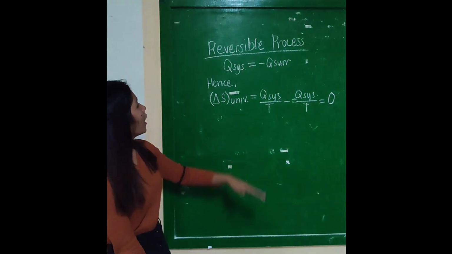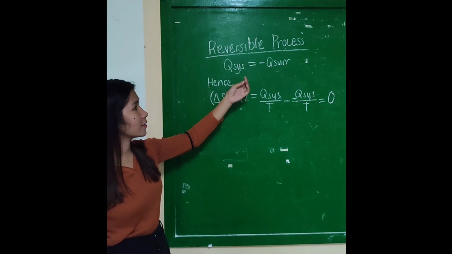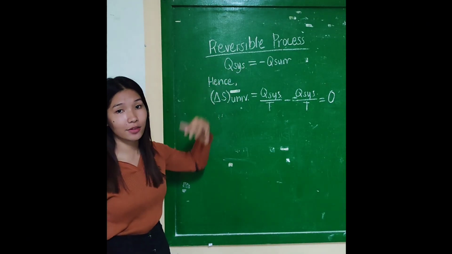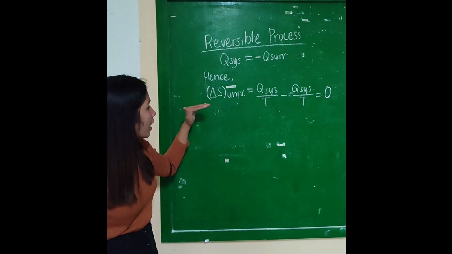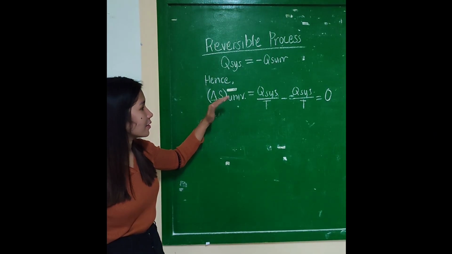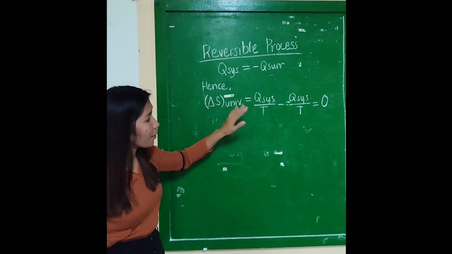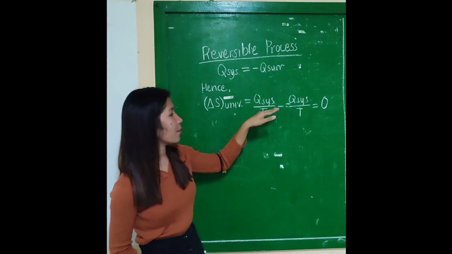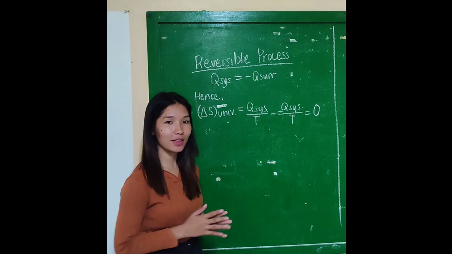Therefore, the amount of heat in the system is equal to the negative of the amount of heat in the surroundings. Hence, the change of entropy of the universe is equal to the heat in the system divided by temperature, minus the heat in the system divided by temperature, which is equal to 0.